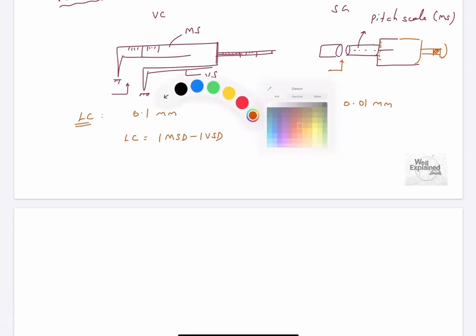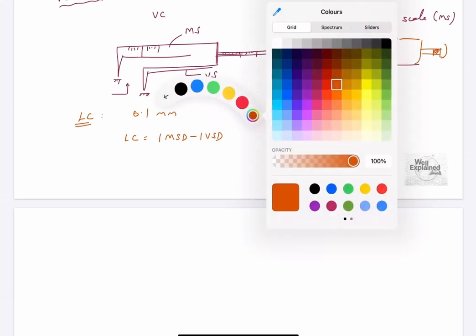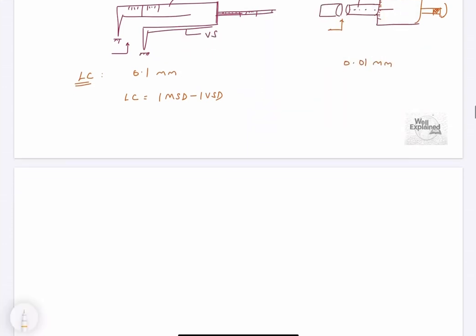You might ask, what kind of questions might you get in this? Let me tell you. They give you a question like, let's say 9 vernier scale divisions equals 10 main scale divisions. So what are you supposed to do? They ask you to find out the least count.